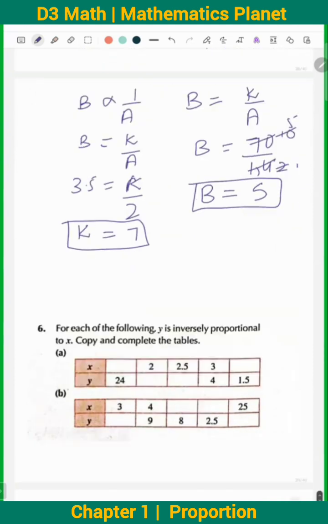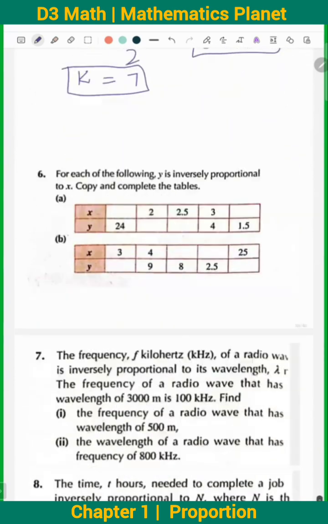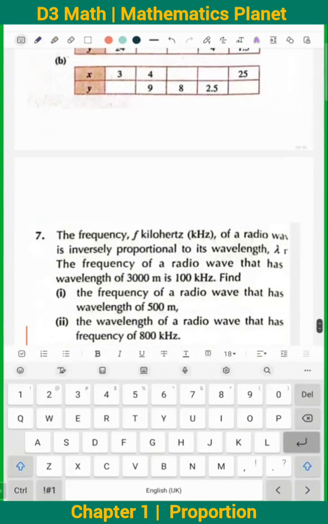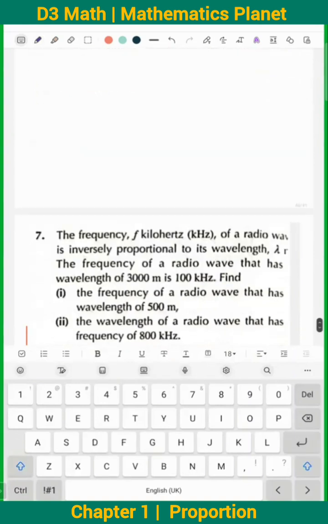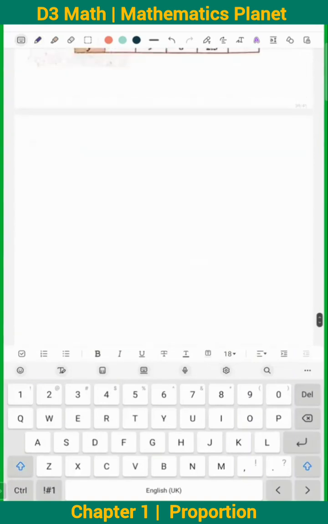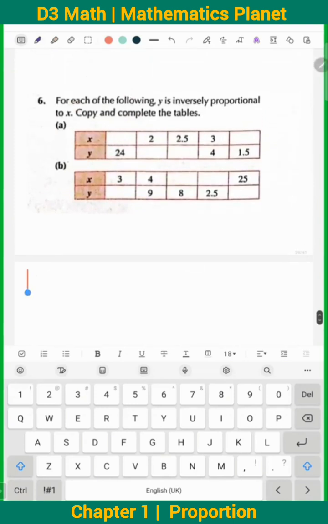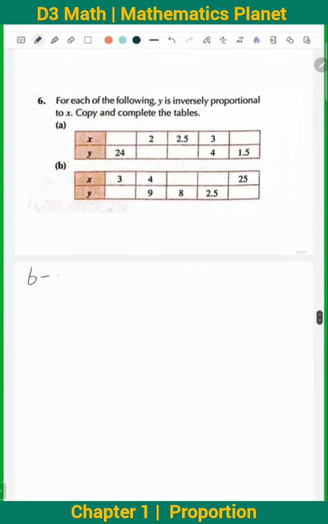Okay. Question number 6, you people can do it easily. From question number 6, part A, we are going to take a column which has both of the answers. Y is inversely proportional to X. Y is equal to K by X. So this column will work for us.